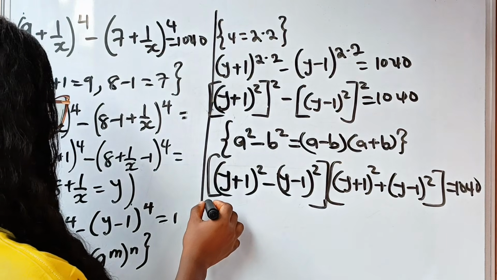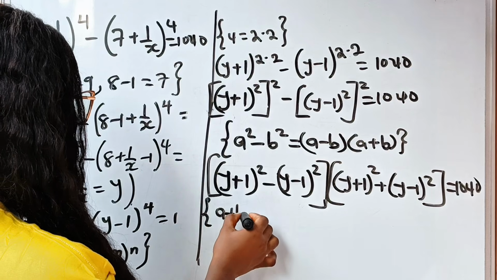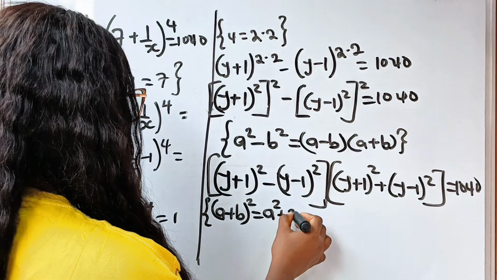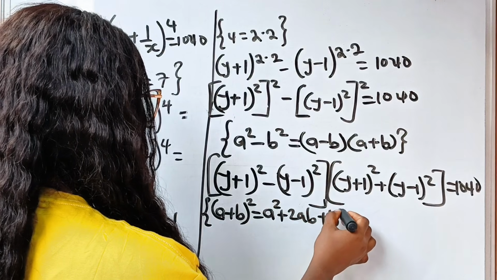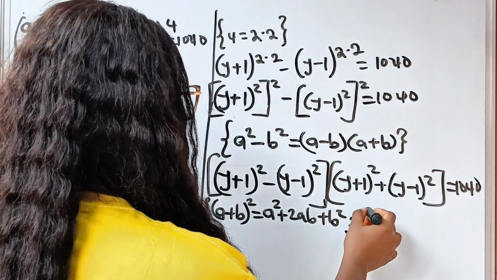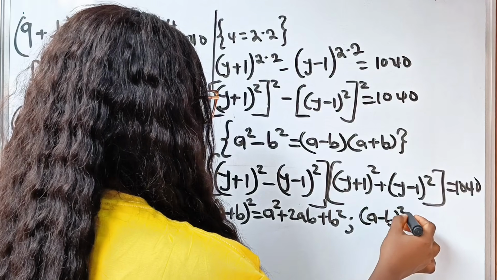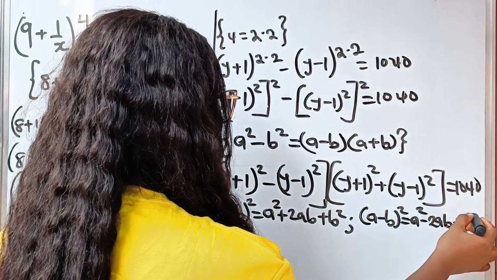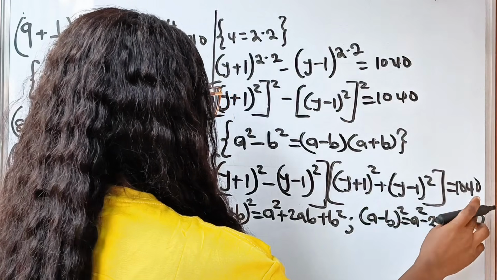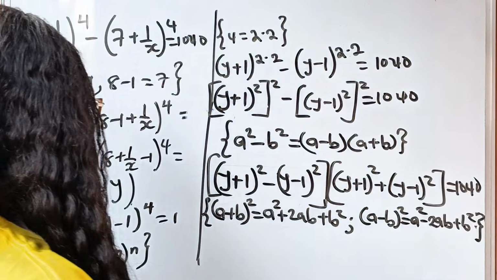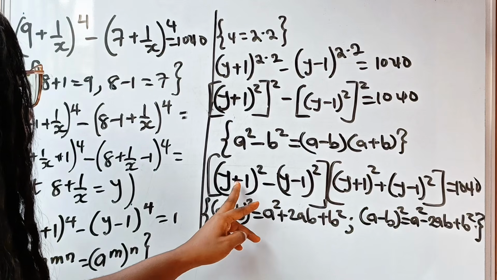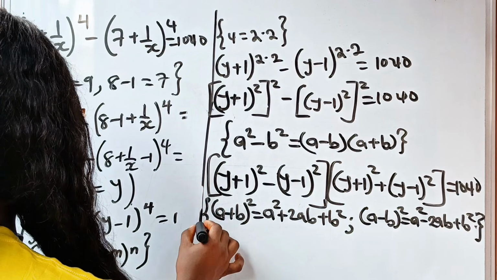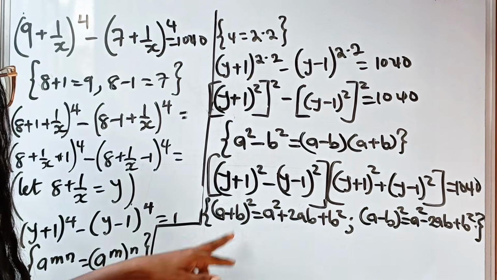Now remember that a plus b squared is equal to a squared plus 2ab plus b squared, and that a minus b squared is a squared minus 2ab plus b squared. So if we apply this here, let us expand this.